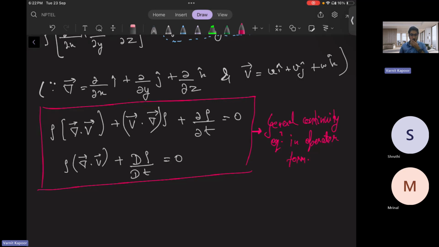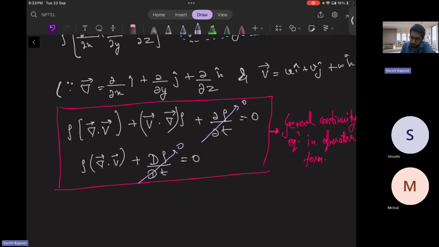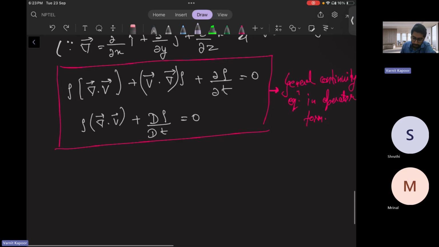Now, suppose my case is steady as well as incompressible. If the case is steady, there is no change with respect to time in the density, so this term becomes 0. And if it is incompressible, this whole term is 0 in the equation.